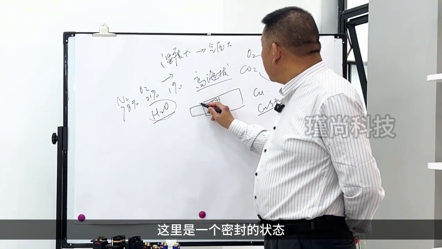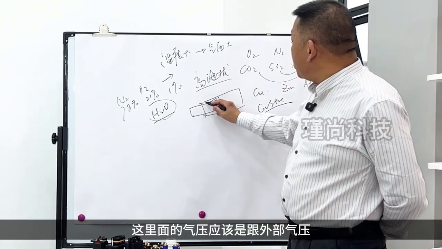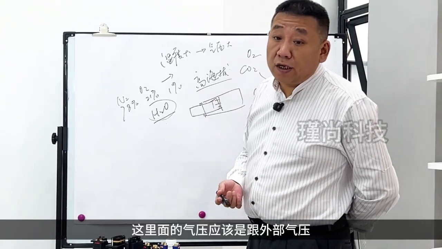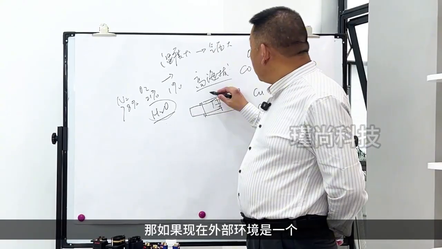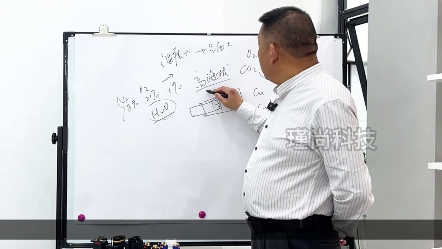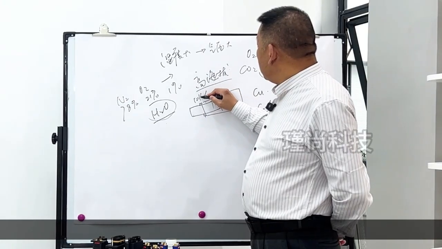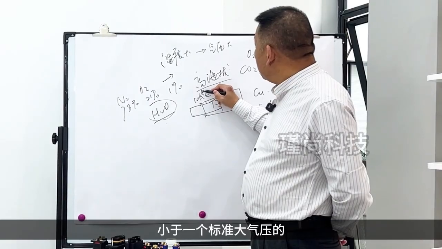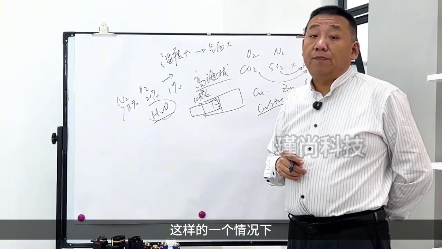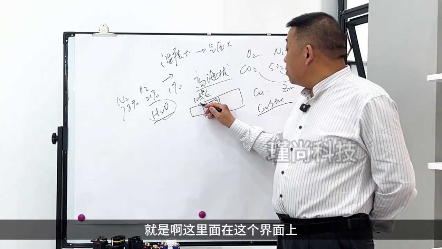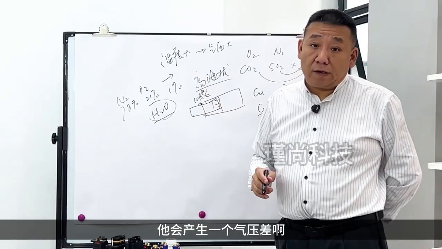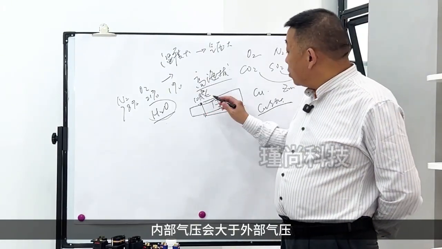In theory, the air pressure inside should be the same as the external air pressure, a standard air pressure. Then if the external environment is less than 1 standard atmosphere, it will create an air pressure difference on this interface. Internal air pressure will be greater than external air pressure.